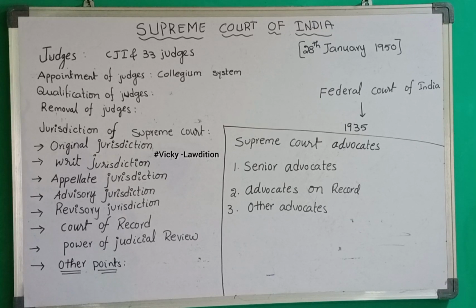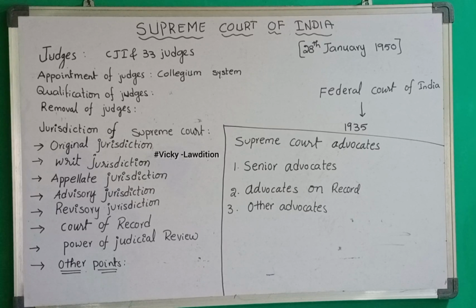The Parliament has increased this number of judges progressively to 10 in 1956, to 13 in 1960, to 17 in 1977, to 25 in 1986, to 30 in 2008, and to 33 in 2019.